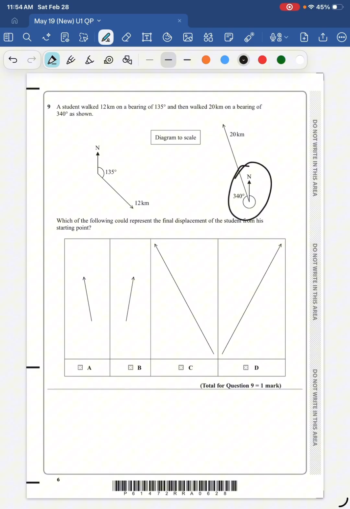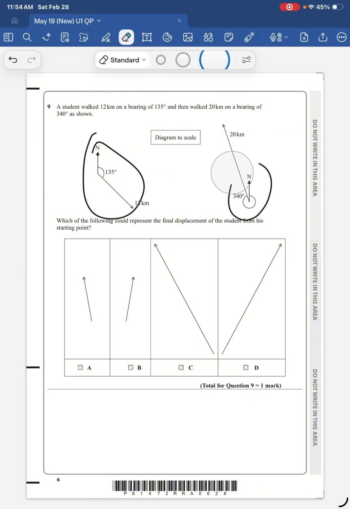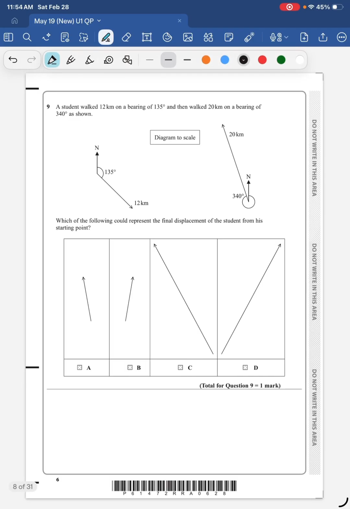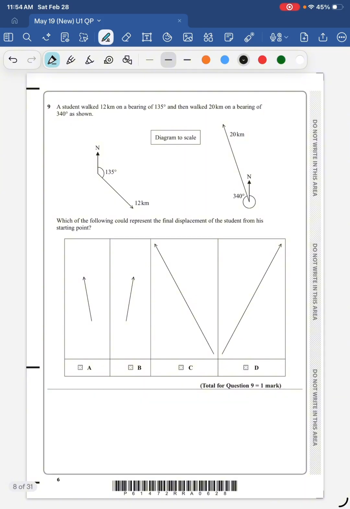Basically, or maybe here. Okay, let's try to explain it. The student moves 12 kilometers south under 135 degrees, and then starts moving north and west at the 340 degrees.